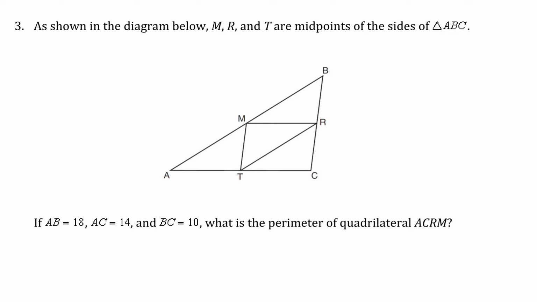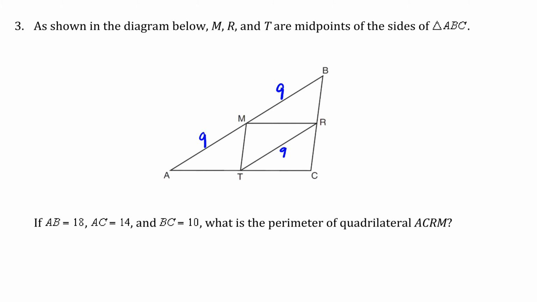Number 3 has midpoints. So anytime we see midpoints, we're thinking mid-segments, right? So it tells us that line segment AB is 18, meaning AM is 9 and MB is 9. Now if AB has a mid-segment of TR, that means TR is also 9.